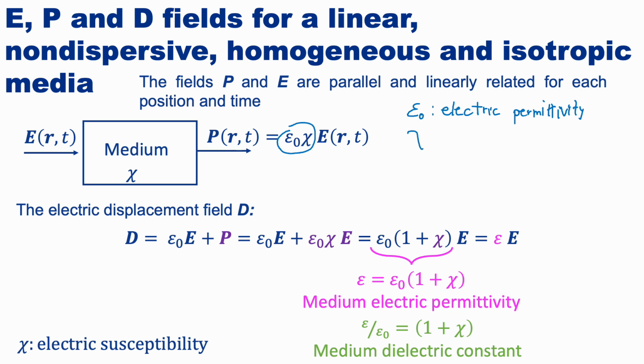And then that chi is going to be my electric susceptibility. So that means that at the end, my electric flux density field is the summation of the electric field component with the polarization field.